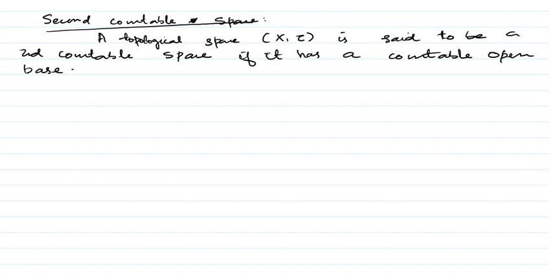Now we will see that every second countable space is a separable space. Separable means it has a dense subset which is a countable dense subset.